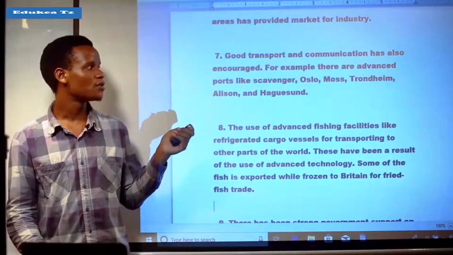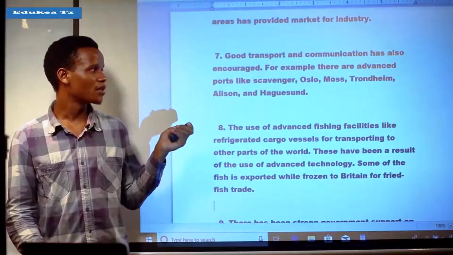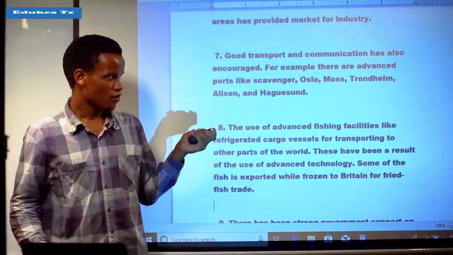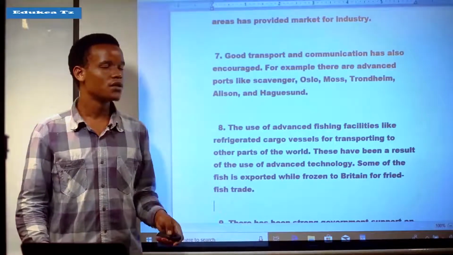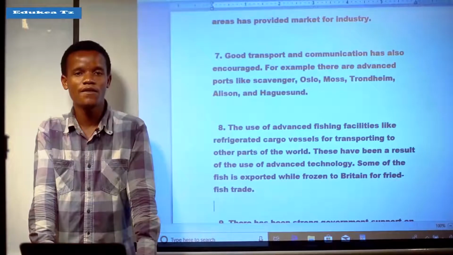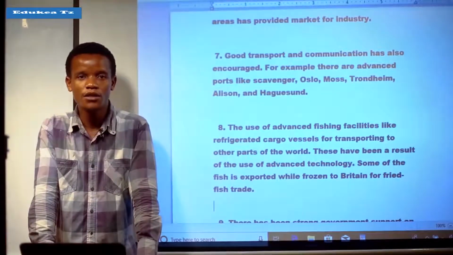So another factor that contributed much to the development of the fishing industry in Norway is that good transport and communication has also encouraged it. For example, there are advanced ports like Stavanger, Mosjøen, Trondheim, Ålesund, and Haugesund. So the sector of transport and communication in the country of Norway, as we know, is well developed.